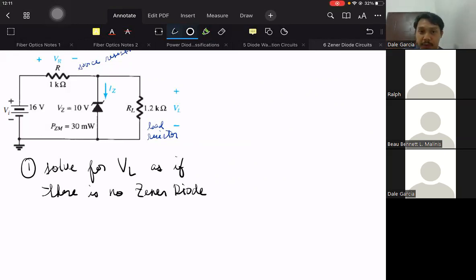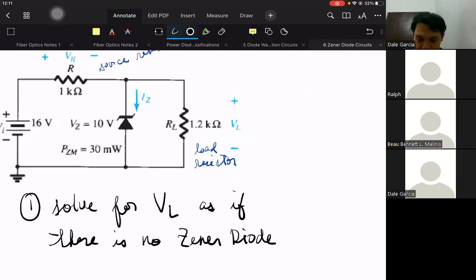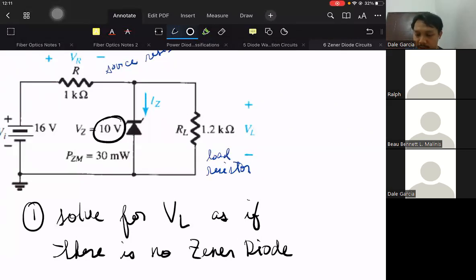First, we solve for the voltage drop across the load as if there is no Zener diode. Then we compare it to where? To the given 10 volts.